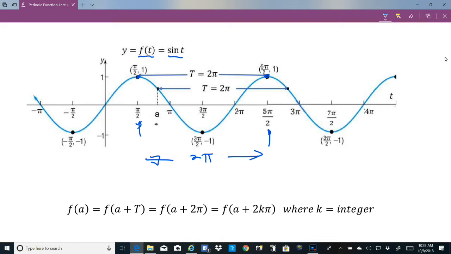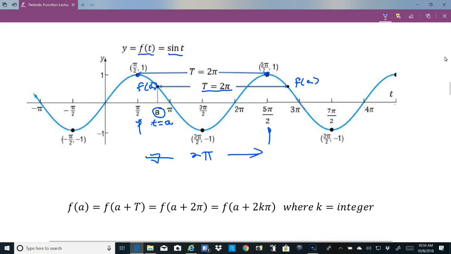Also at t equals a, we have f of a, and in a time period of 2 pi, it gets back to f of a, and the period here is 2 pi.